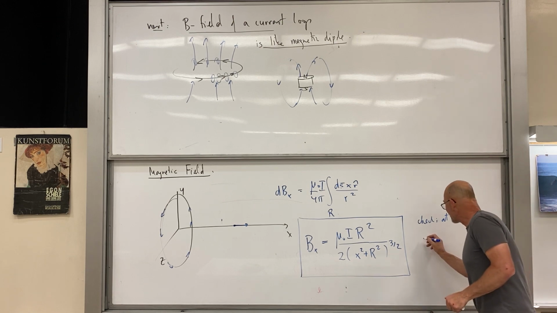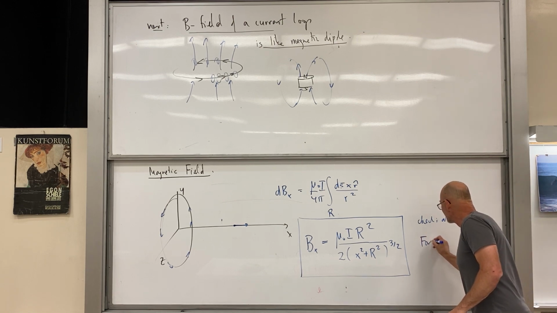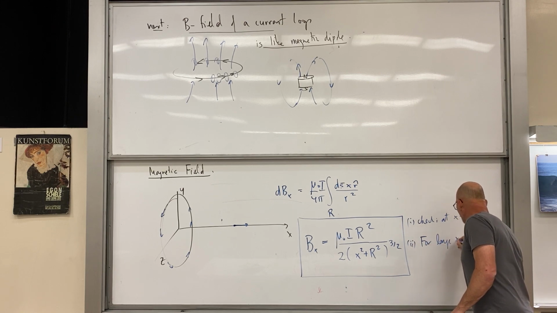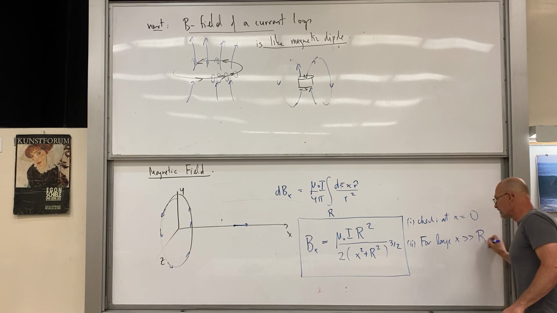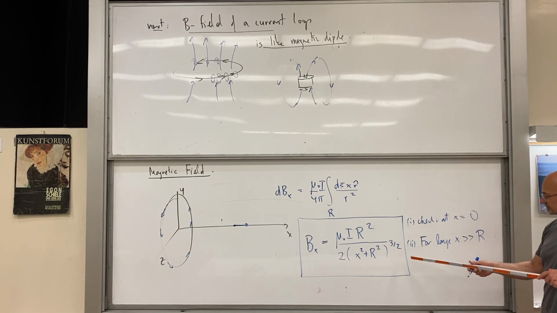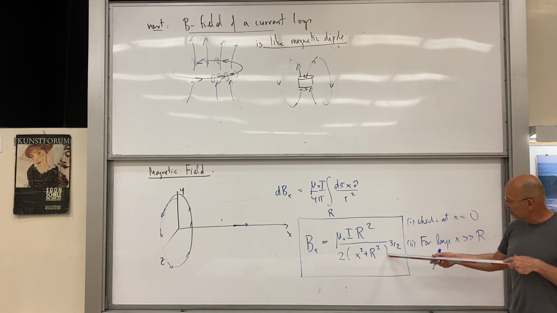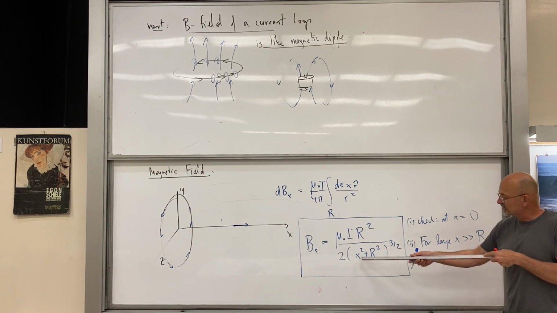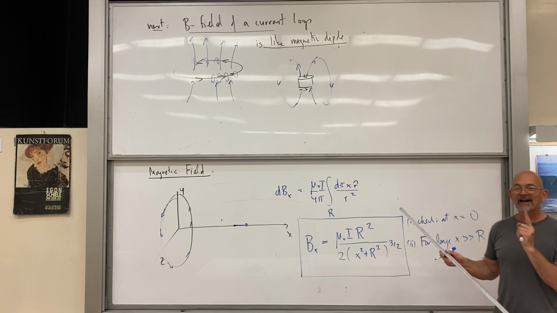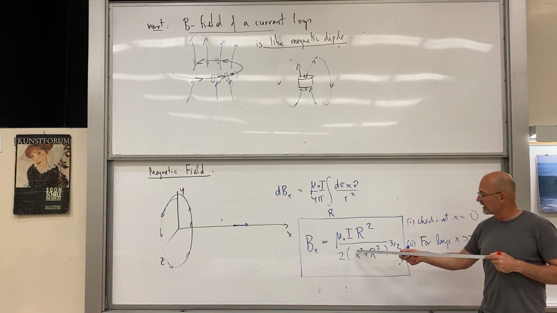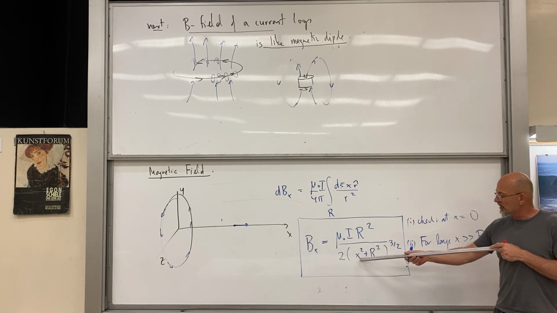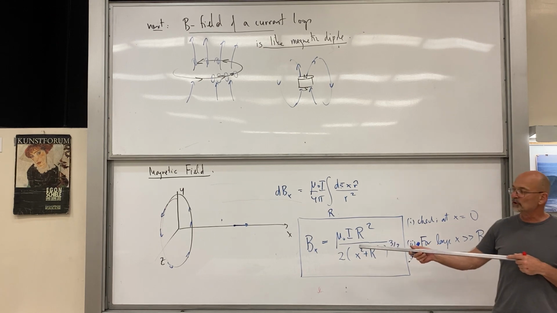What about for large x? So this is the one check. The second check is for large x, much greater than the radius of the loop. Then you can neglect this r squared, and you've got the square root of x squared is x, so 1 over x to the 3rd. Now remember, 1 over x squared is like a field strength. 1 over x to the 3rd was like a dipole strength back when we were doing electric fields.